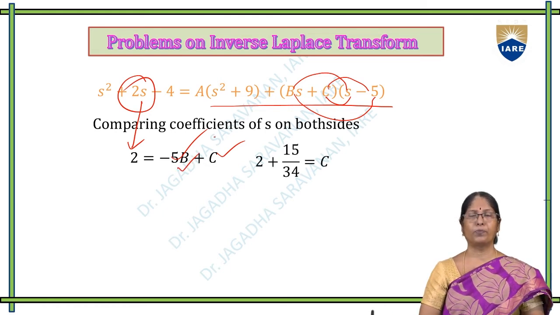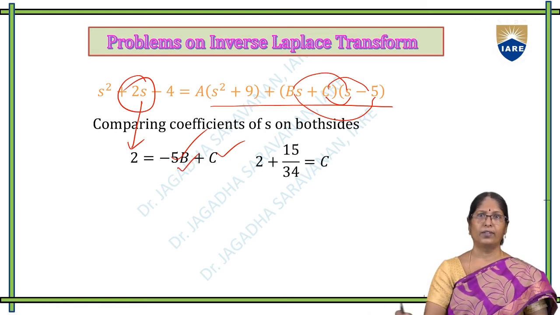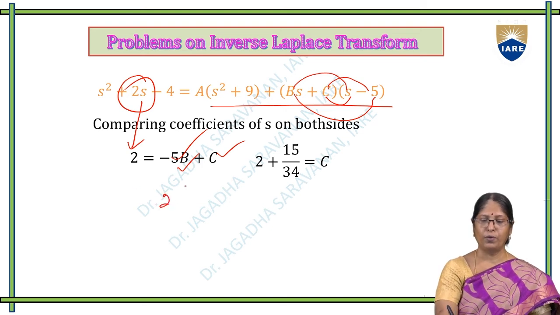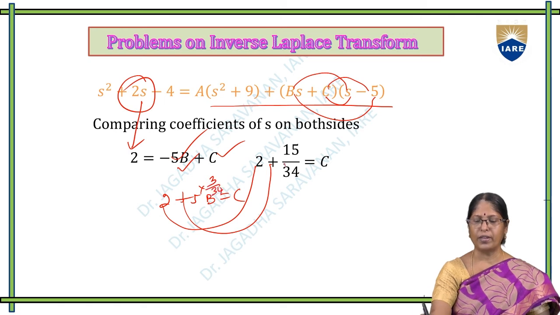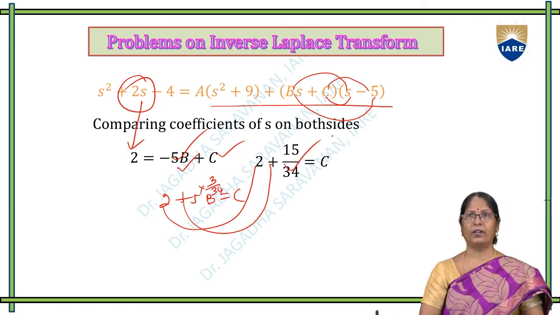That we are going to substitute in the particular place, that is 2 plus 5b equal to c. The 2 as it is, the plus, and 5 into b, which we got as 3 by 34. So we are getting 15 by 34.